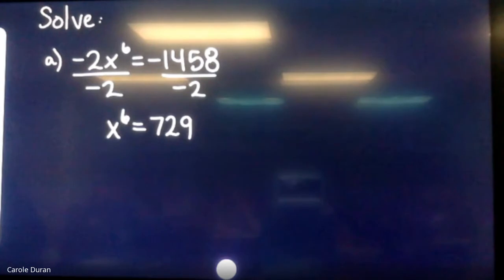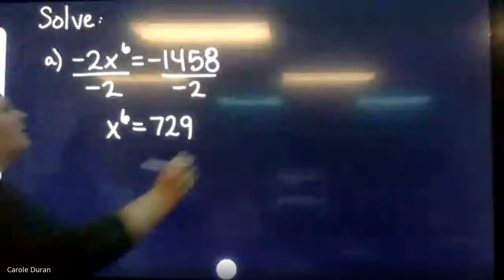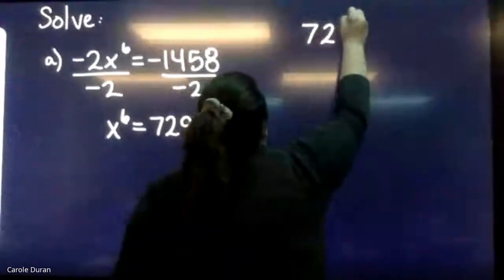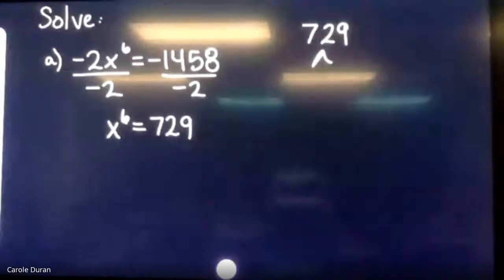Okay, so I would like to factor the 729 and hopefully pull a 6th root out of it, correct? That's our goal. We're not always going to have these numbers that come beautiful. So there is a way for us to decide what our 6th root is going to be, or if it exists, without having to use our calculator. So we're going to try factor treeing this one because it's really good practice. So what multiplies together to get 729?